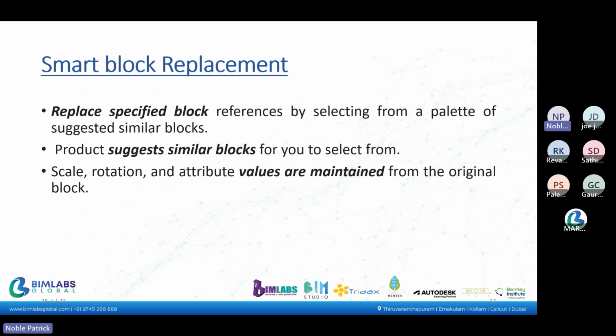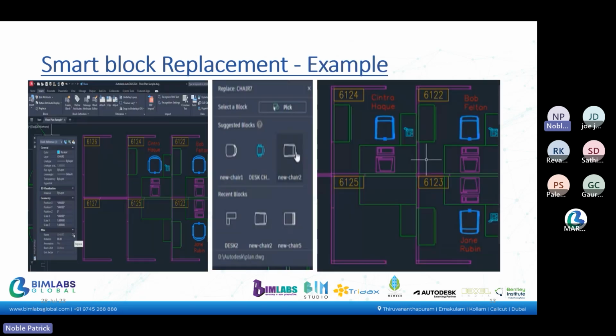If a type of chair is to be replaced by another chair, we just select the similar chairs and change based on that requirement. Here is an example. On the left of the presentation, there are three chairs placed in the drawing.